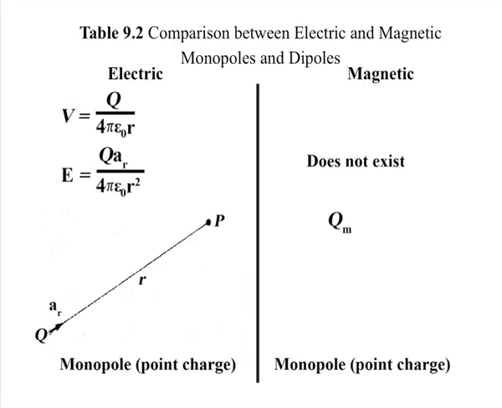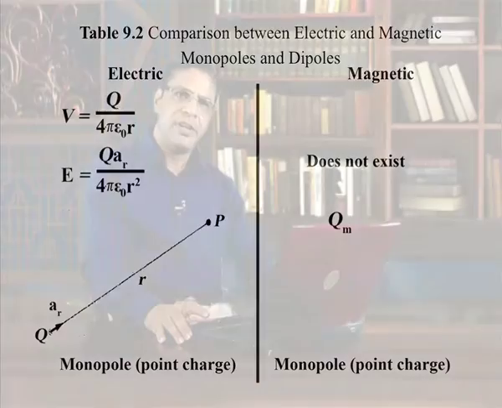For a monopole, the expression for V for the electrostatic case is Q upon 4 pi epsilon naught r, while that for electric field intensity is Q AR upon 4 pi epsilon naught r square. For the magnetostatic field, the concept of monopole does not exist. That is, a monopole cannot exist in isolation.